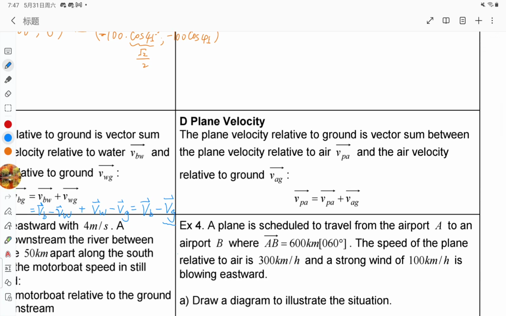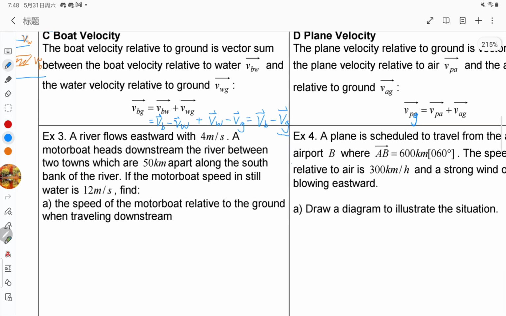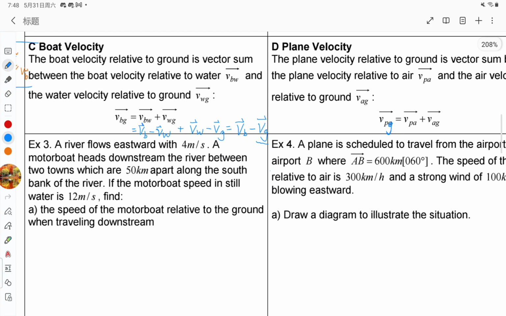And then this is a plane velocity. The plane velocity relative to the ground is the sum of the plane velocity relative to the air, so this should be here, right? Change it a little bit. And the air velocity relative to the ground, okay? I think this is the same. Maybe we can do an example, but this should be similar.